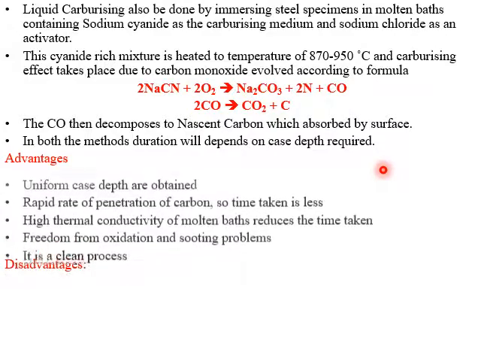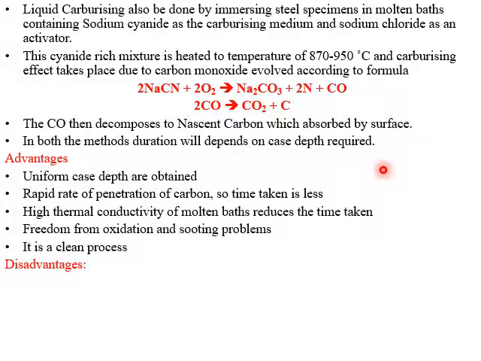Okay, so when we talk about the advantages, uniform case depth is obtained because the liquid will get penetrated throughout, even if the specimen is irregular in shape. So there is a rapid rate of penetration of carbon.